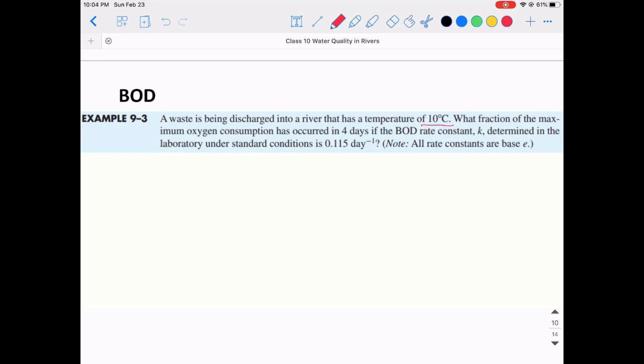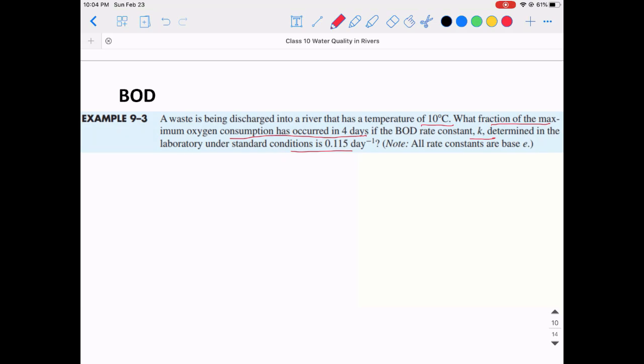Let's say that a waste is being discharged into a river that has a temperature of 10 Celsius. It also asks us what is the fraction of the maximum oxygen consumption that has occurred in 4 days, which is basically the BOD4. And the rate constant determined in the lab under the standard condition is 0.115 per day.